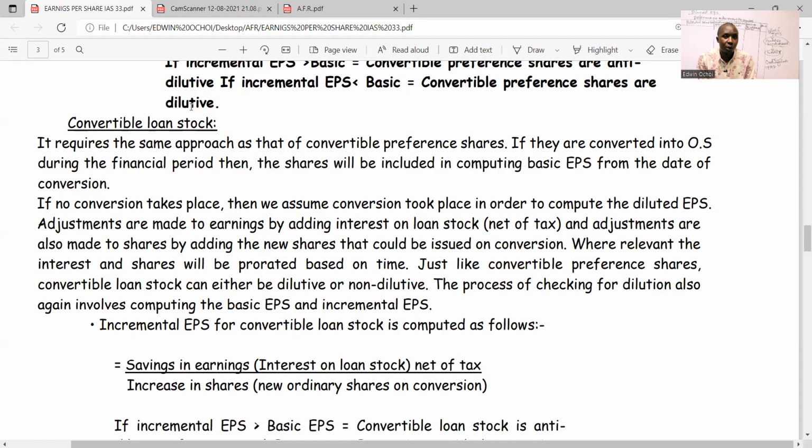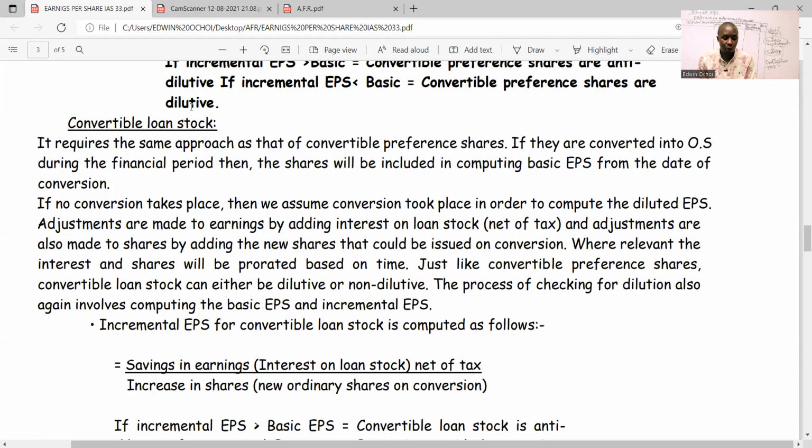If no conversion takes place, then we assume conversion took place. Even though I will be including the 10, because 10 was specifically converted to ordinary, the remainder is 25 minus 10, which is 15. For the 15 million convertible bond, they never said if they converted or not. What I will do with the 15 is an assumption.